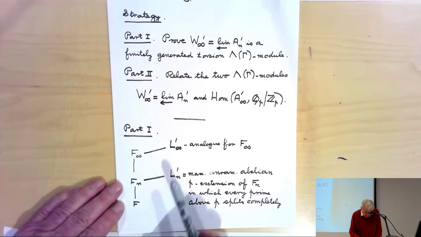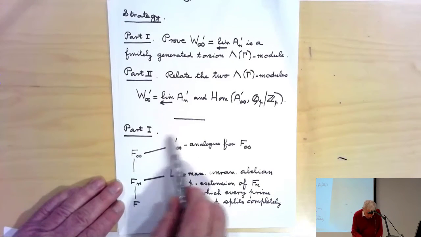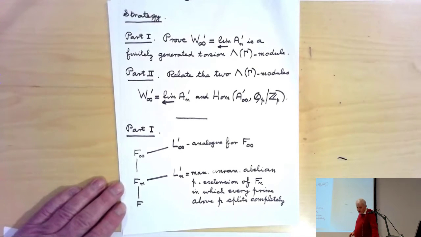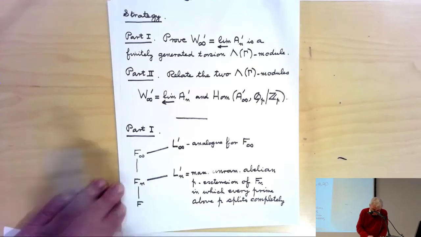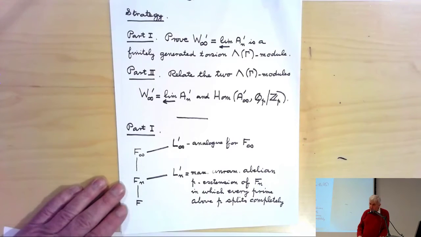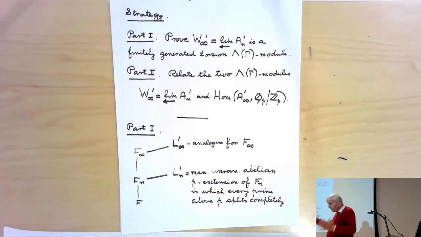So now the relevant extension I want to take is the field L infinity prime over F infinity, and by definition, it's the maximal unramified abelian p-extension of F infinity in which every prime of F infinity above p splits completely.